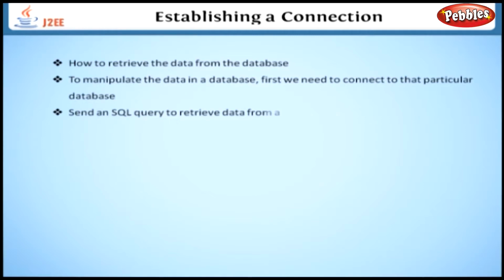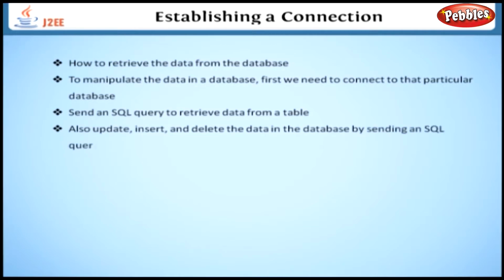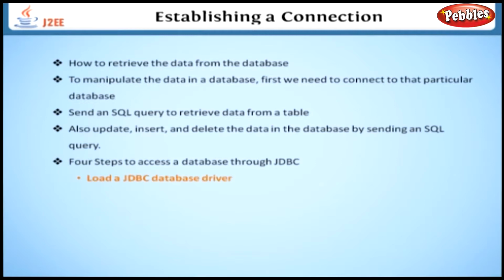We can send an SQL query to retrieve data from a table. We can also update, insert, and delete the data in the database by sending a SQL query. The 4 steps to access a database through JDBC are: load a JDBC database driver, create a connection, create a statement, execute the statement.